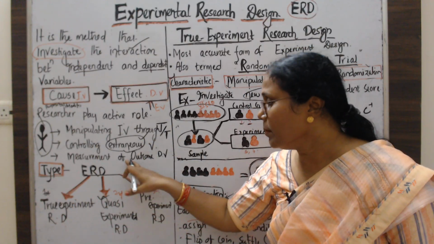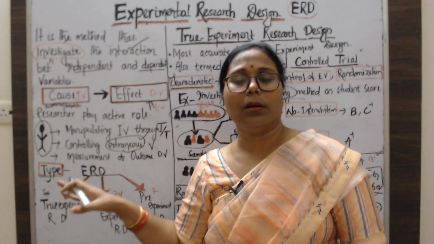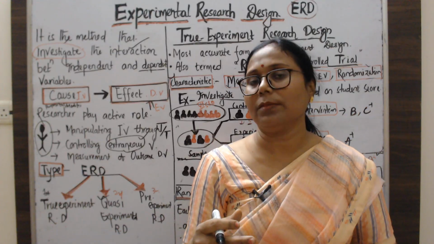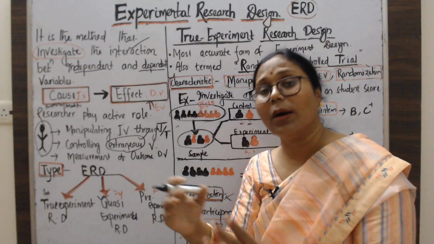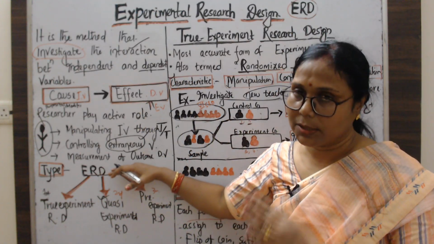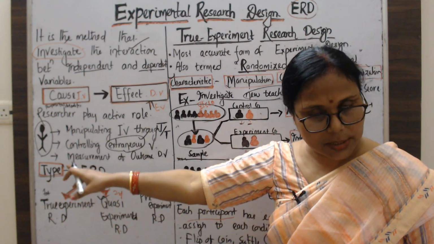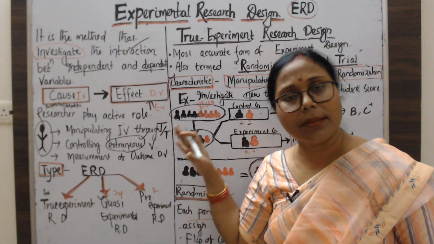Third is measurement of the outcome of the dependent variable: after controlling the extraneous variable and manipulating the independent variable, whatever results or outcomes are observed will be recorded by the researcher. These three things are done by the researcher, which is why they are actively involved in experimental research design.